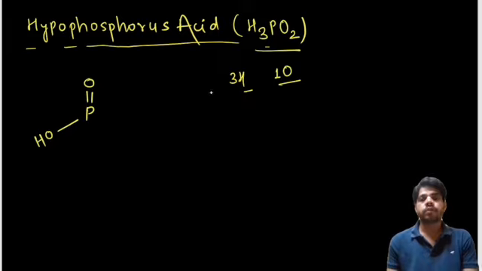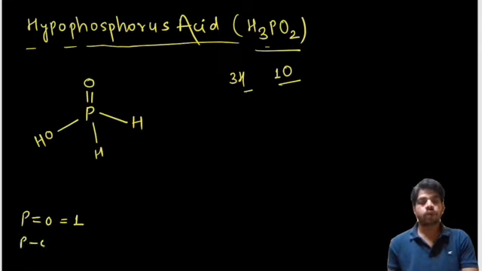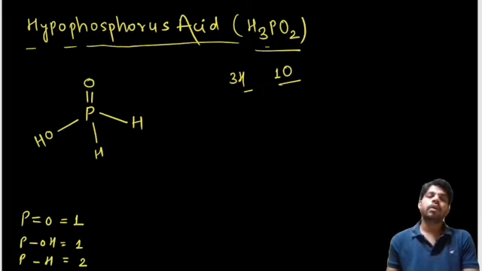We are left with 2 hydrogens that will form direct P-H bonds. So here one P-H bond, here one more P-H bond. Again, the number of P double bond O bonds is 1 here. P-OH bonds are again 1 here. But the number of P-H bonds is 2 here, as you can see.